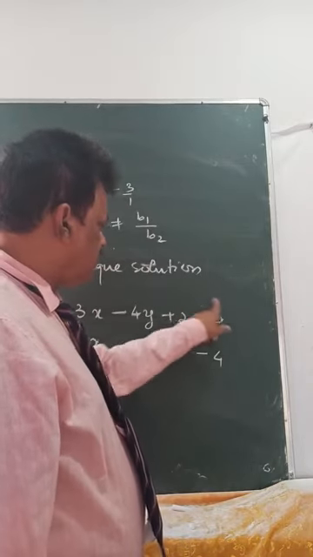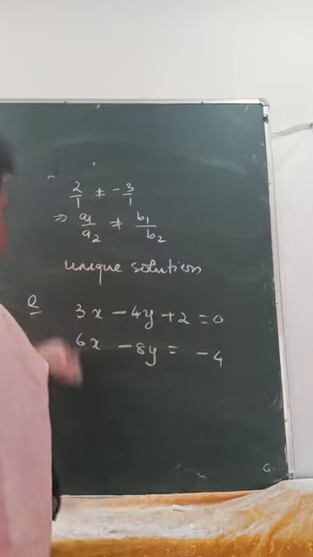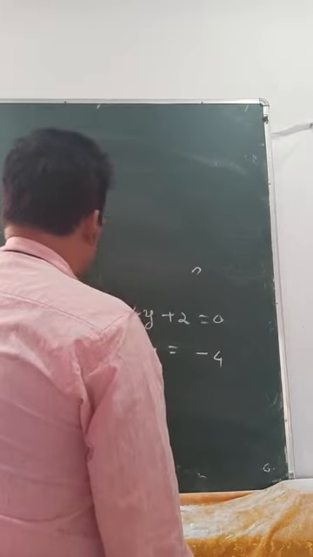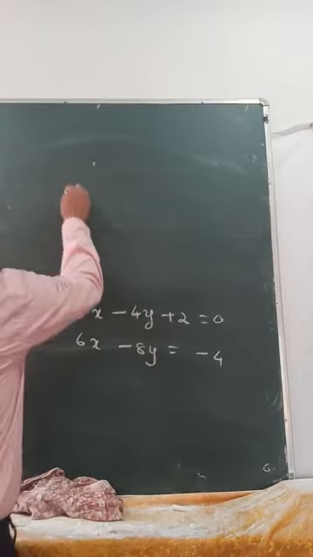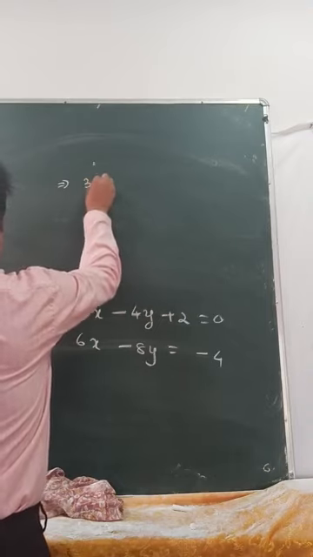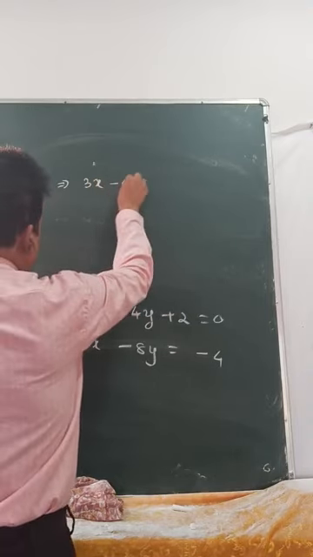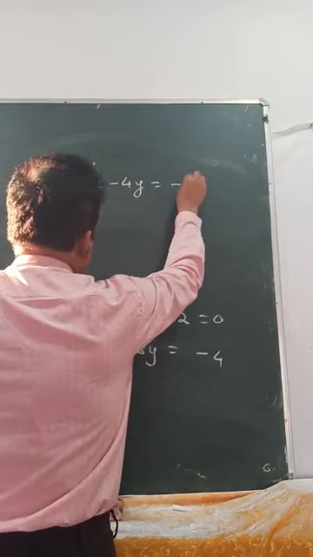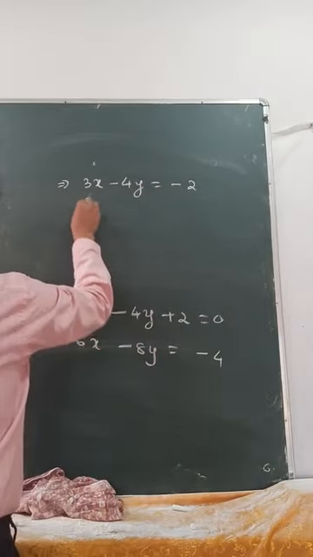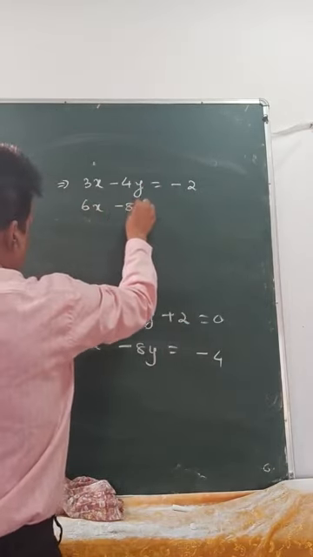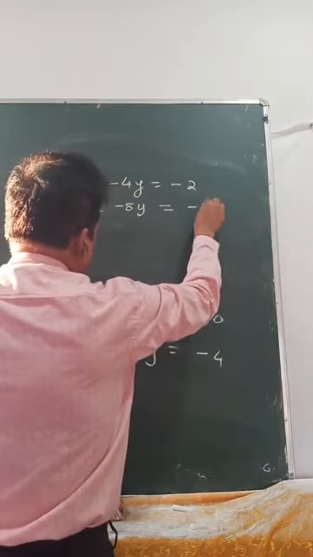So take it to the right side. What will you get? Then you will get 3x minus 4y equals minus 2. 6x minus 8y equals minus 4.